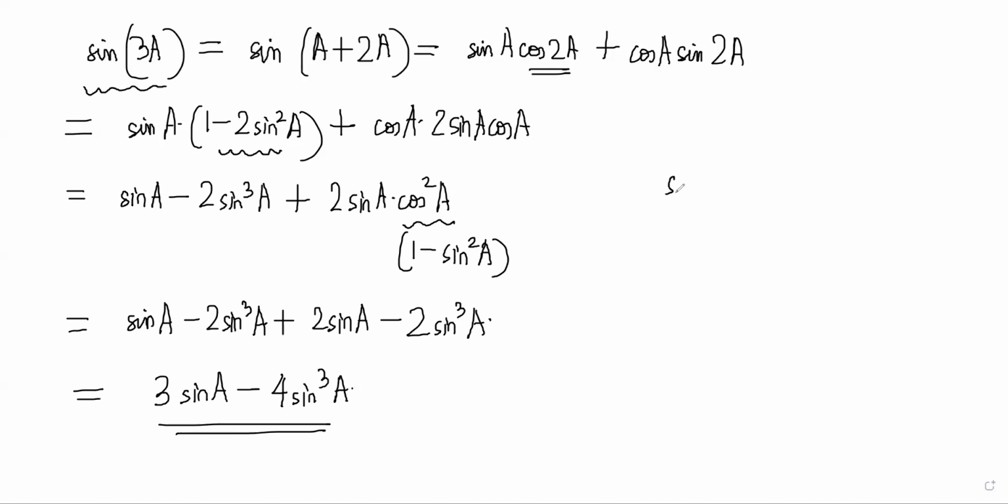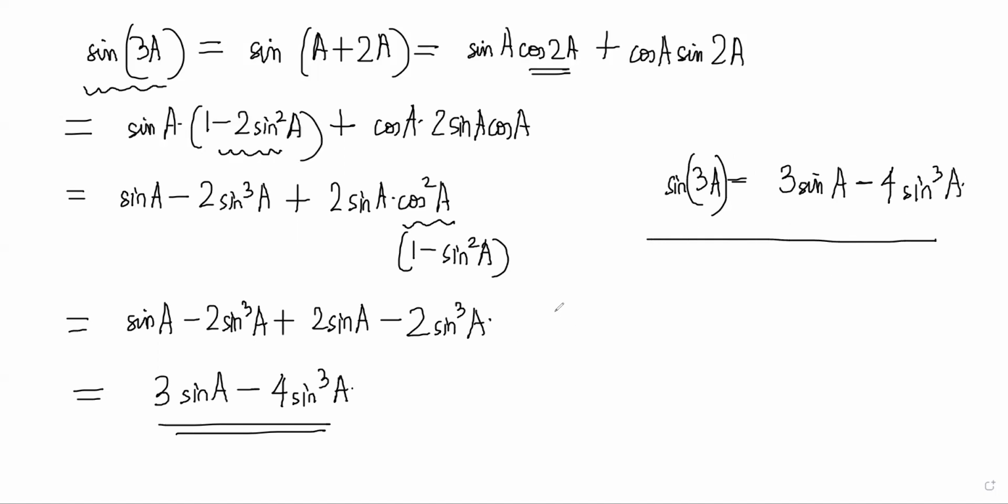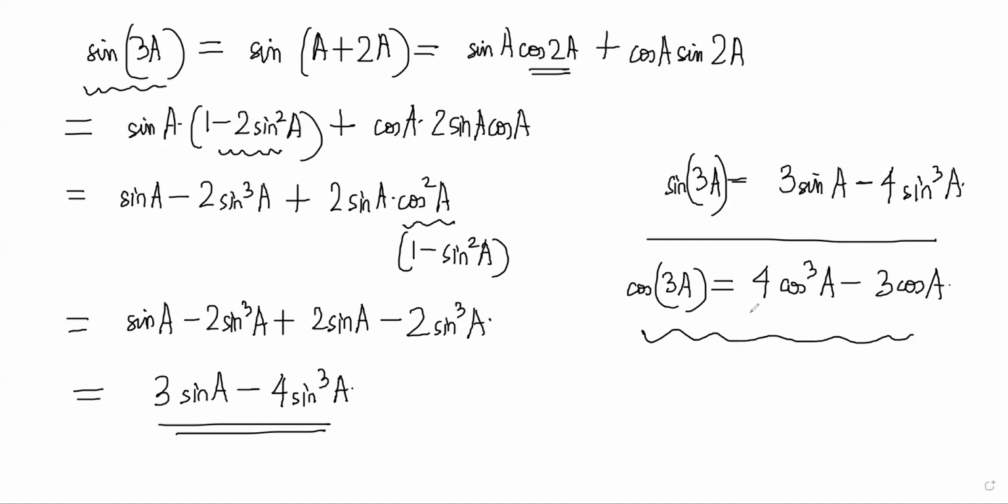So we are getting the formula for sine 3a is equal to 3 sine a minus 4 sine cube a, right? Similarly, you can derive cos 3a also. Cos 3a will come out to be 4 cos cube a minus 3 cos a. You should check that derivation. You can do it yourself. It's the same process, right?